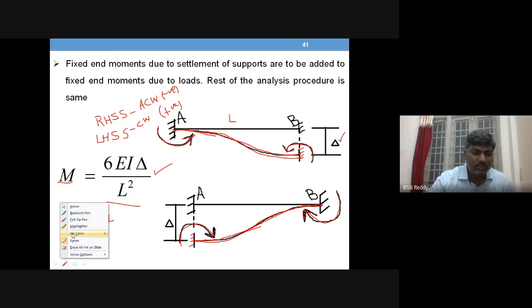So I'll just make it in terms of notation instead of writing it. Fixed end moment, I'll just do it like this.